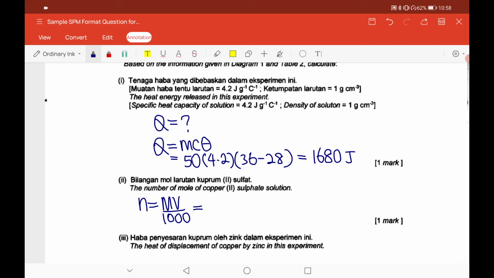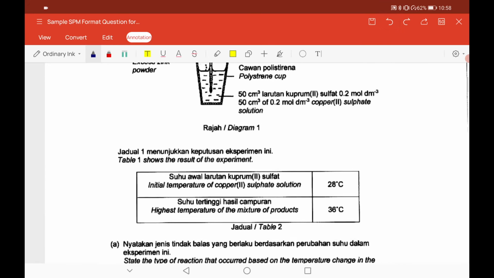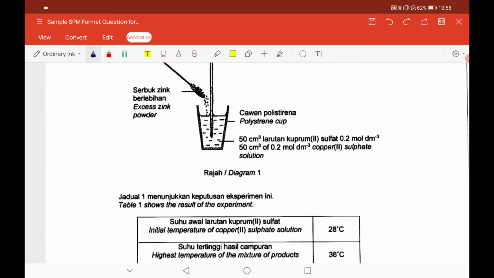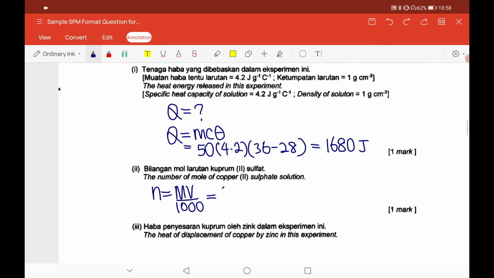M is the molarity, the concentration. What is the concentration here? The concentration is 0.2, and the volume is 50. So we take the value 0.2 as the molarity, the volume is 50, then we divide by 1000, yeah.